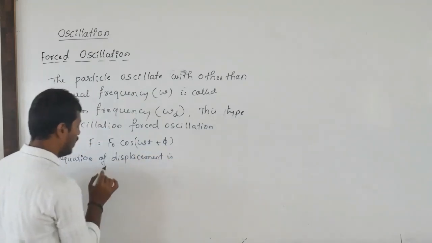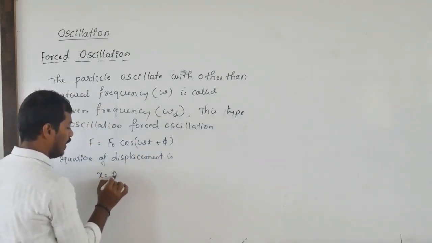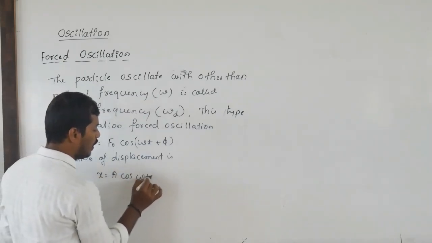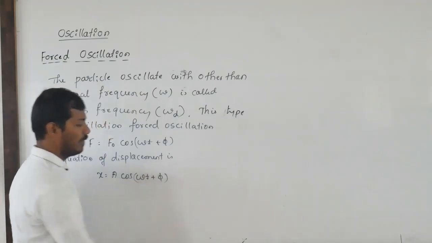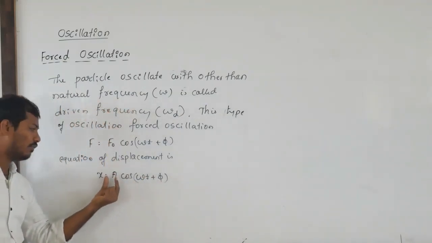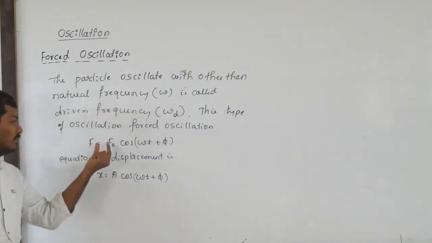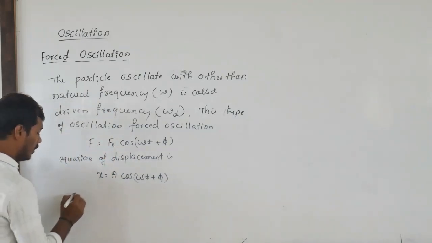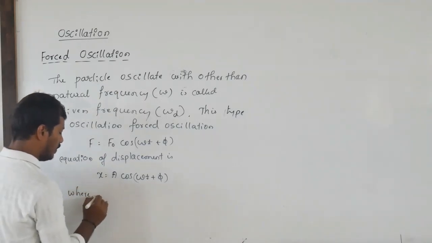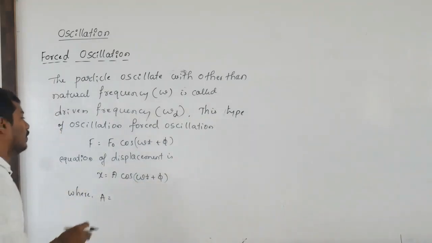The displacement is x equals A cos of omega t plus phi naught. In this forced oscillation, the value of A is different. It depends on F naught, the angular frequency, the driven frequency, and also this force.